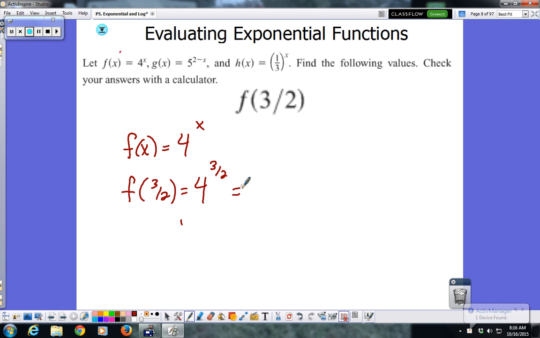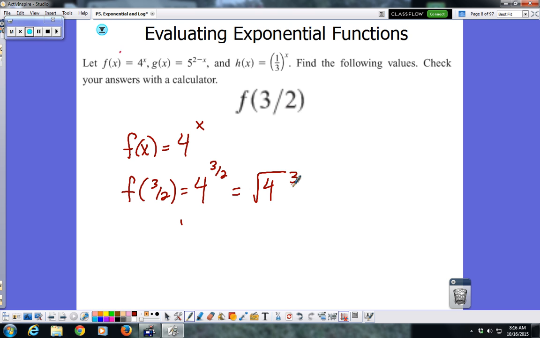Just a reminder, the bottom number is the radical, the top number is the exponent. So here you're taking the second root of 4 to the 3rd power. Also a reminder, you can do the root first or you can do the exponent first. It doesn't matter. In this case, and in all cases, I always do the root first, just because then you're dealing with smaller numbers.